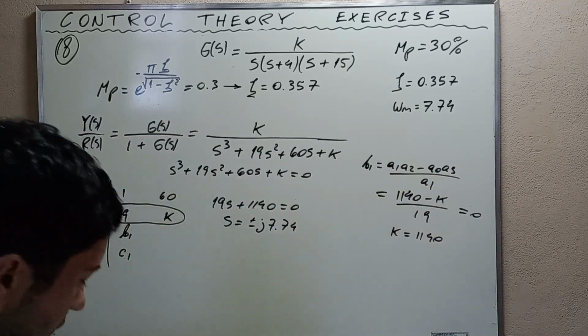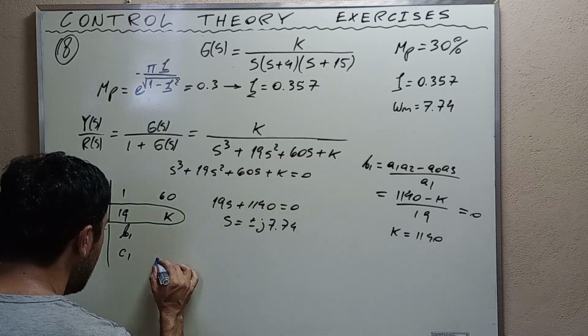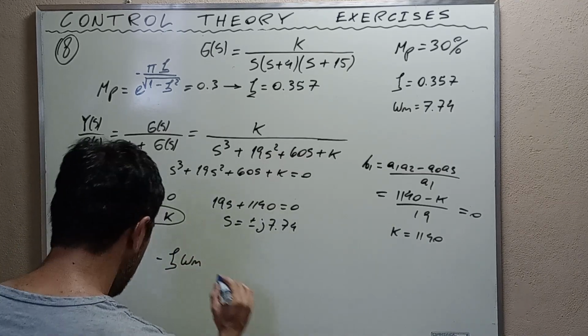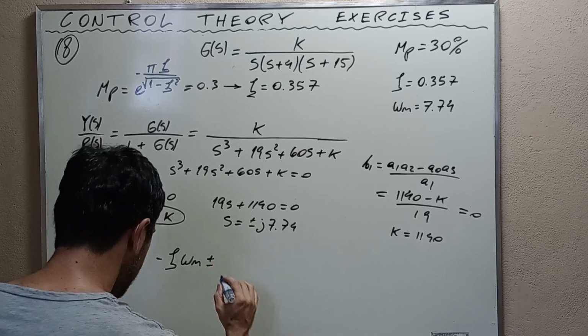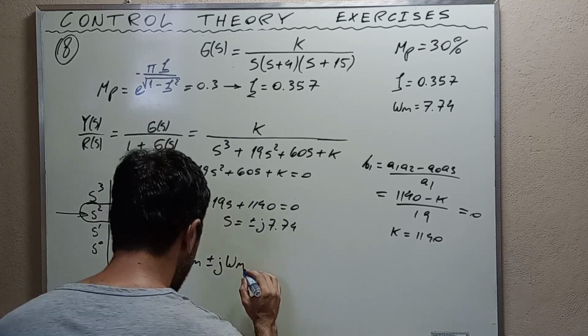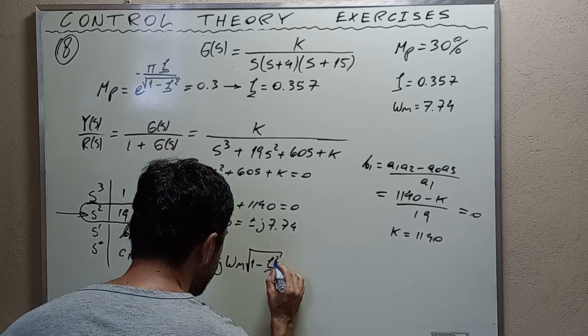With these values of zeta and Wn, the pair of dominant poles will be at negative zeta Wn plus minus j Wn times the square root of 1 minus zeta squared.